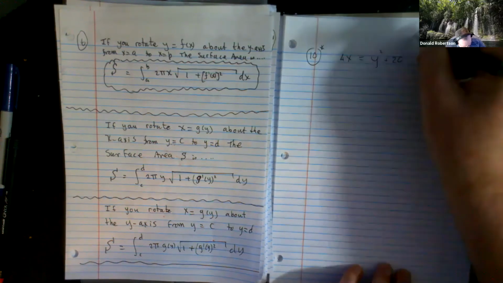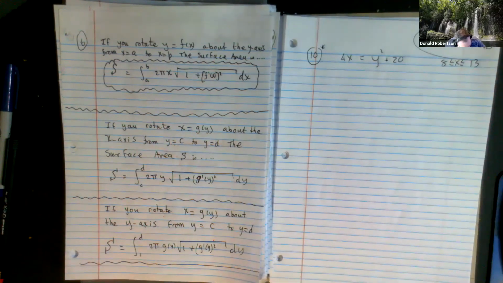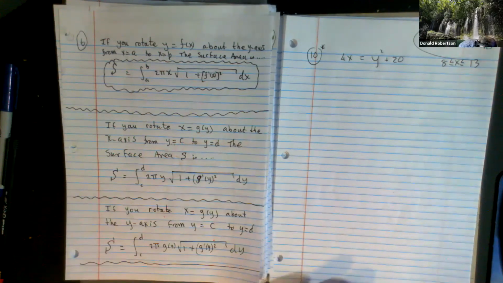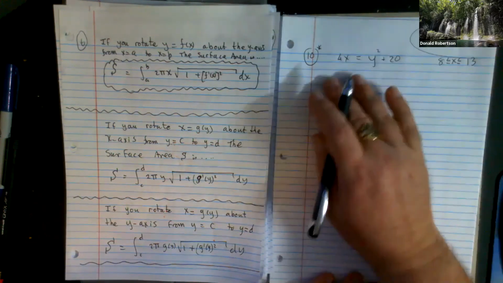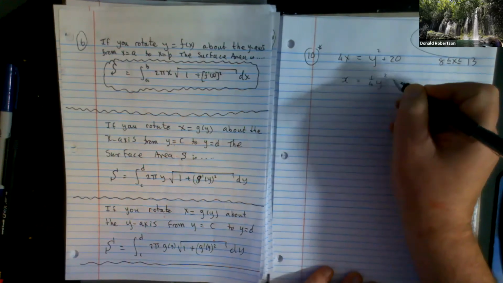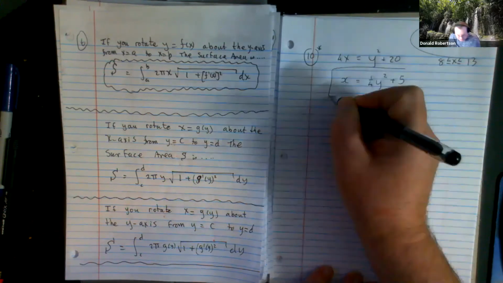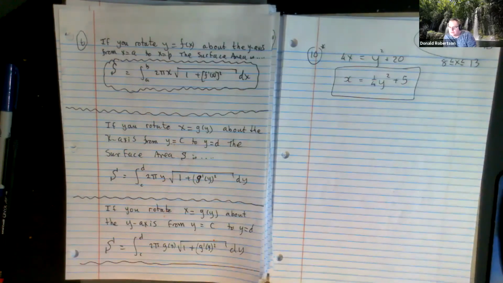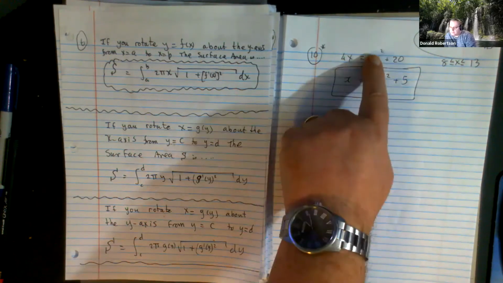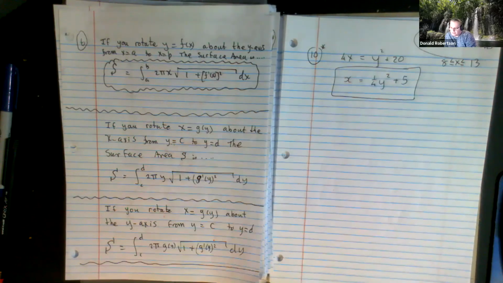So I know I'm going to be using this formula. I just have to figure out where the information comes from. Are you happy with what I did to get x equals? Good? And I need to know that, don't I?